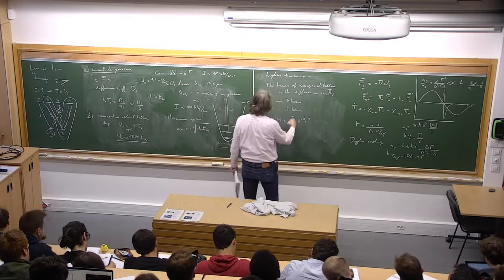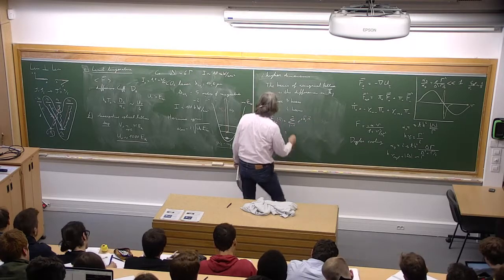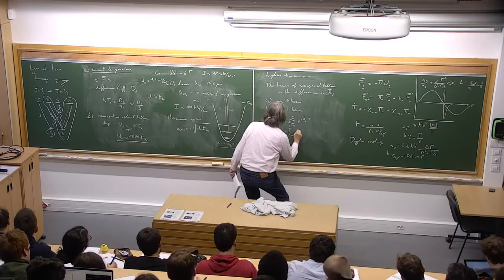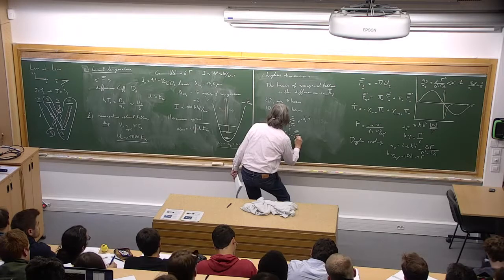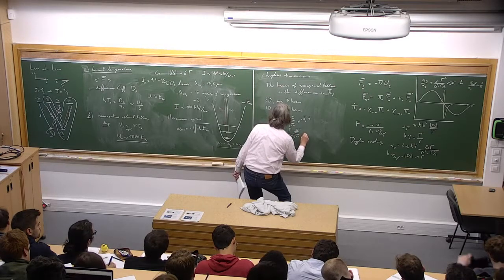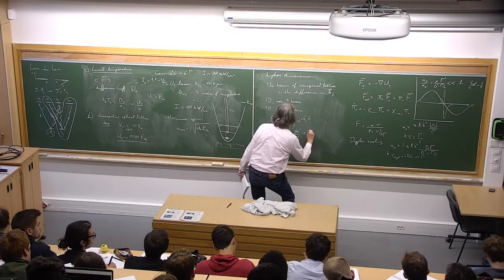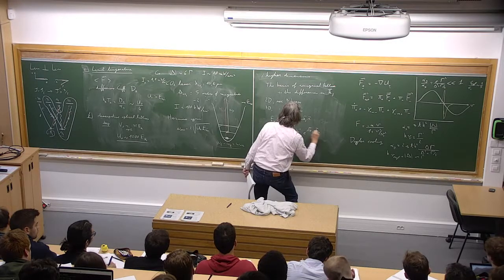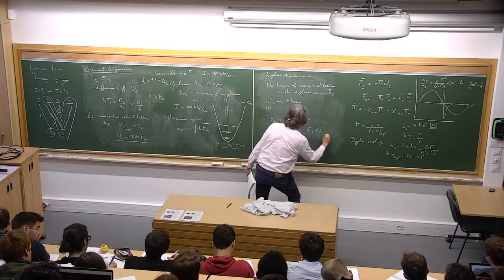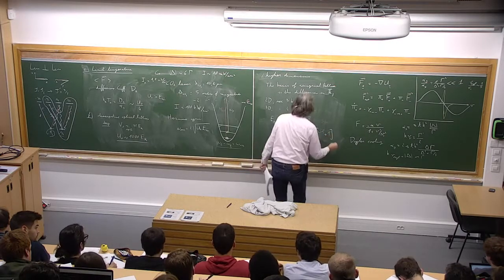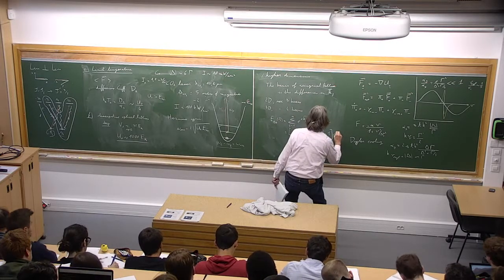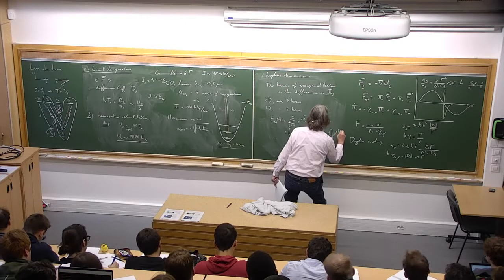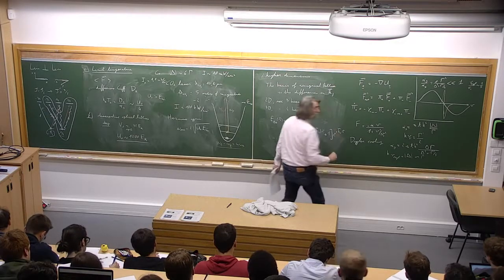You just decide that n is somehow special, and you write it as the sum for j equal 1 to n minus 1 of exponential i (kj minus kn) r plus 1, and you have a global phase which is i kn r.